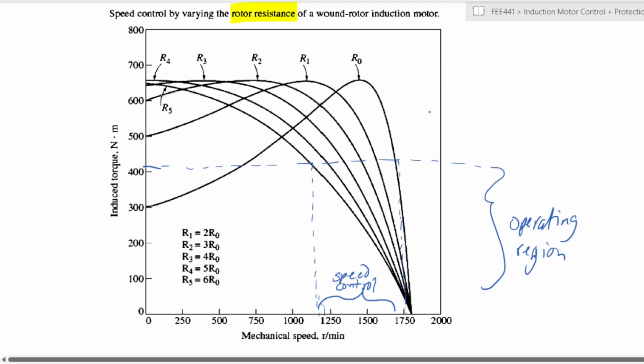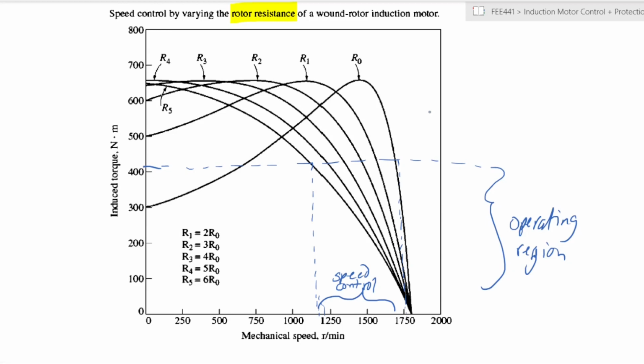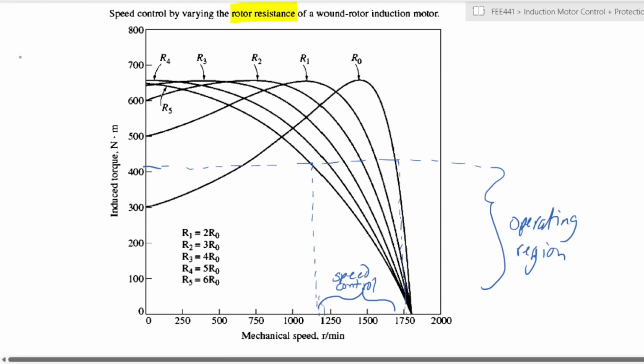This is applicable where you have various loads and applications that require a constant torque, but maybe a varying speed. So here you have constant torque for variable speed, and that is your application.